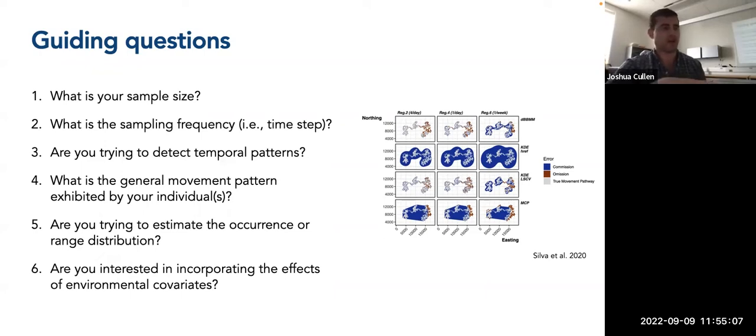Those are definitely drivers of how they use space. Everything we've considered today assumes that those are basically negligible or doesn't account for them at all. But there are a number of different methods that do account for the effect of environmental covariates in different ways on the space use of these different organisms.